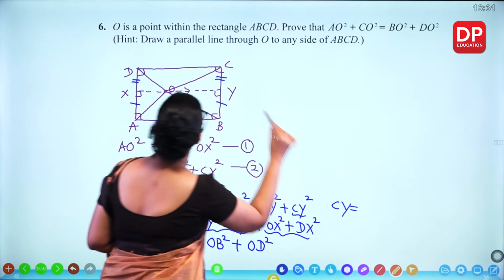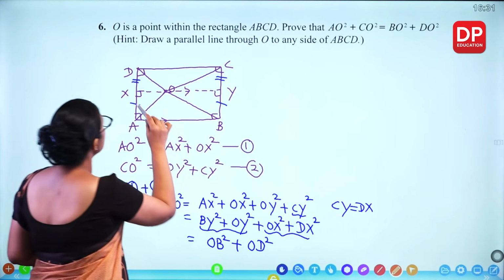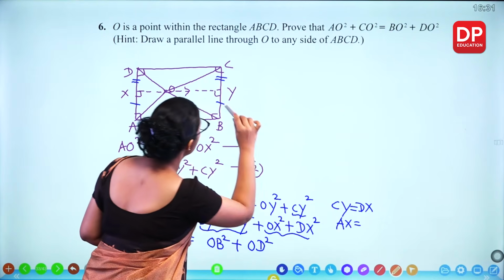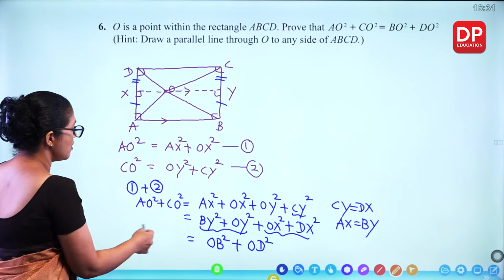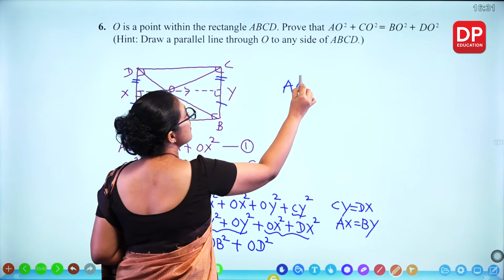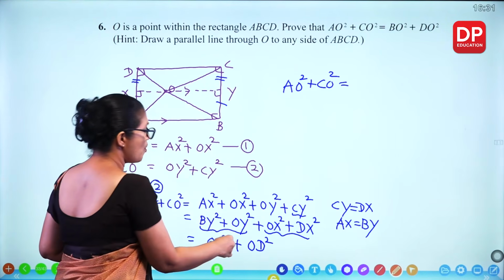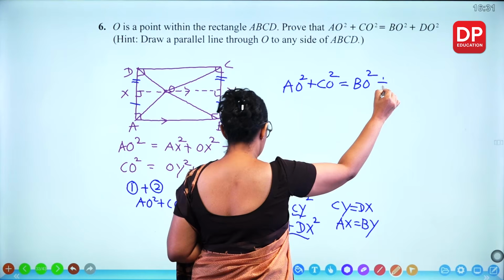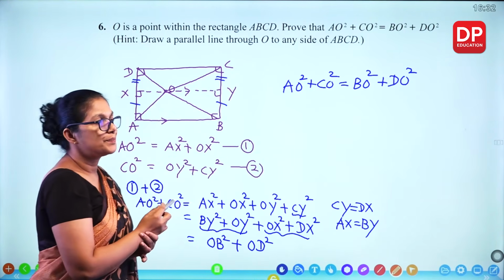CY is equal to DX and AX we took as BY. So when you add, you are getting AO squared plus CO squared is equal to BO squared plus DO squared.